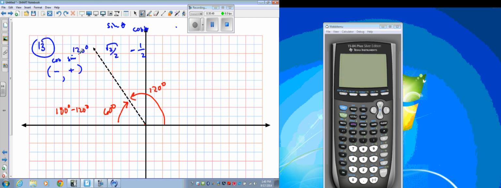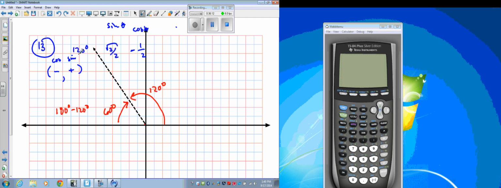But now we're trying to use the common angles, so we don't have to go clear back and figure them out.